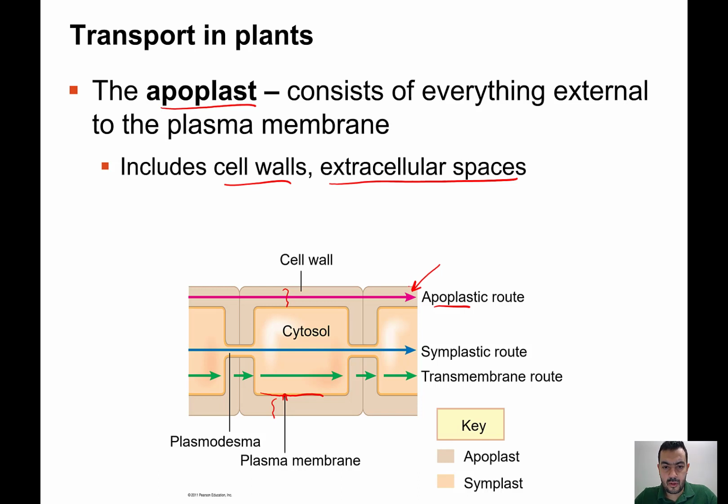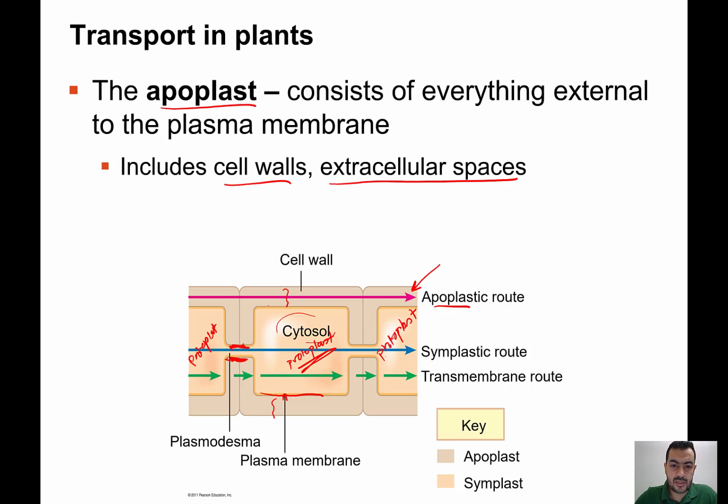Okay, then we have what we can call protoplast. The protoplast is the living part of the cell, so it is composed of the cytosol and all the dissolved materials in this cytosol. The protoplast of one cell is connected to the protoplast of the next cell and to the one after that. Why? Because we have these channels in the cell wall which are called plasmodesmata.